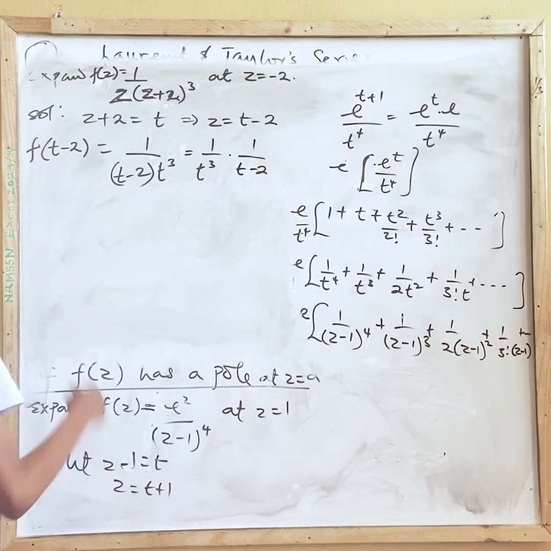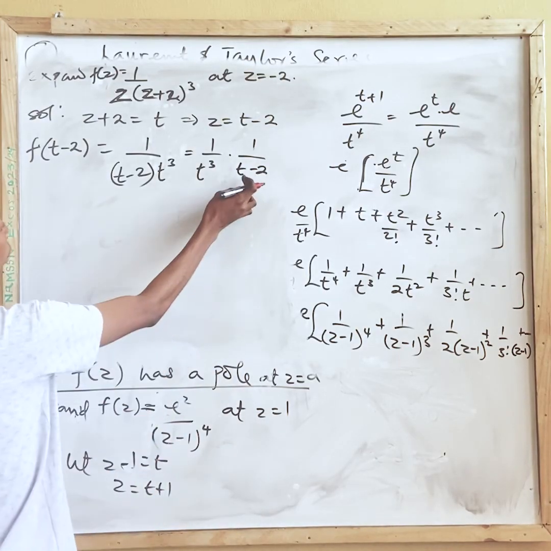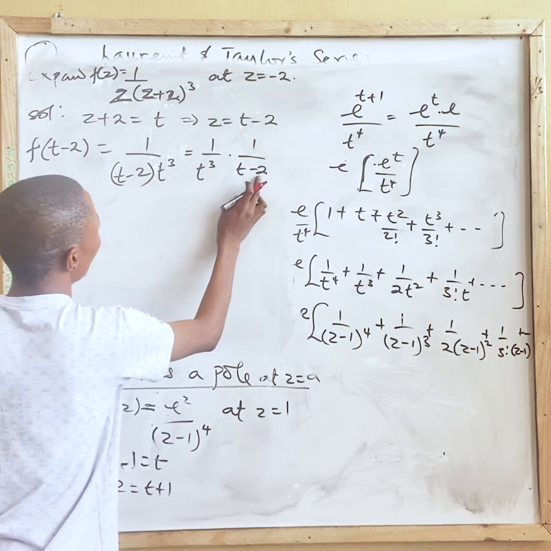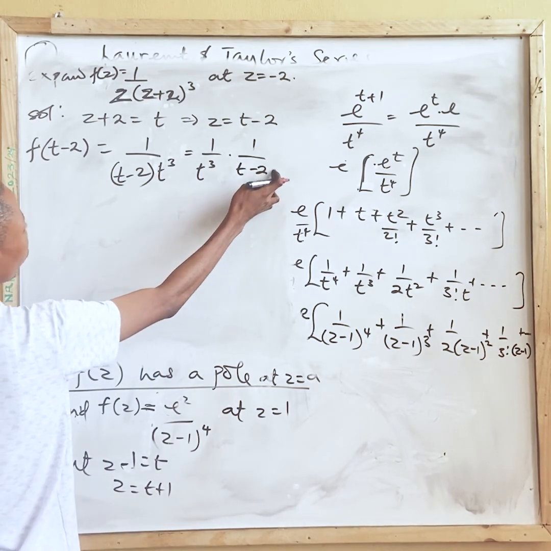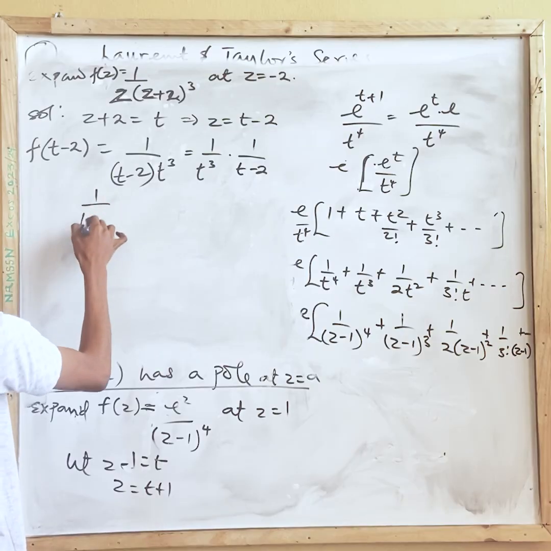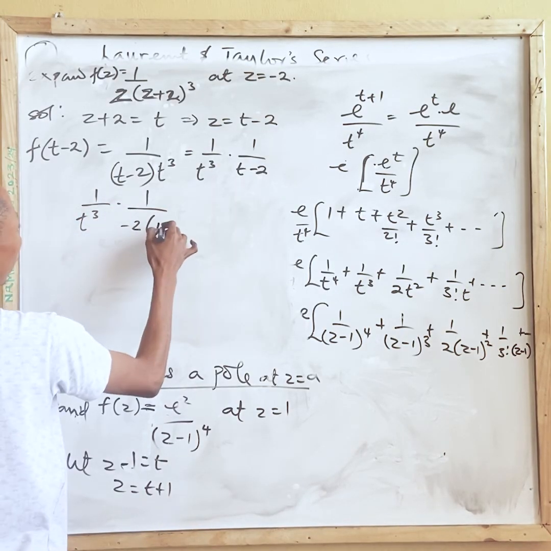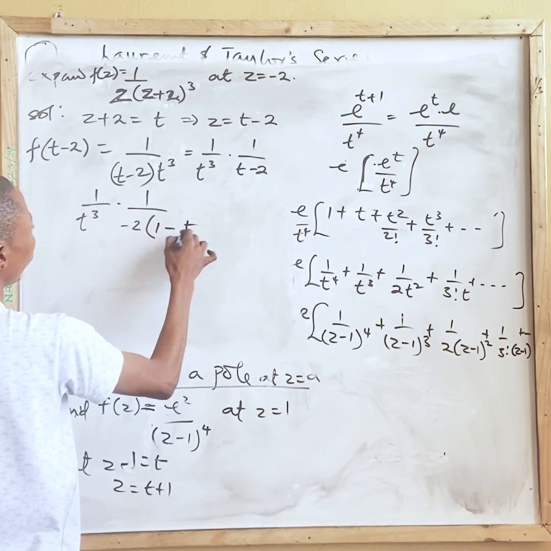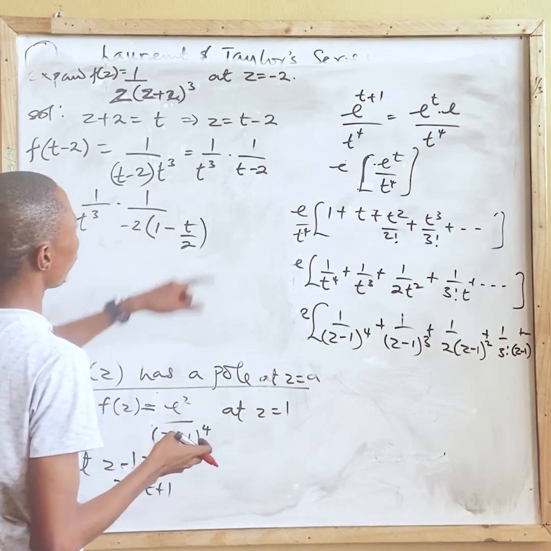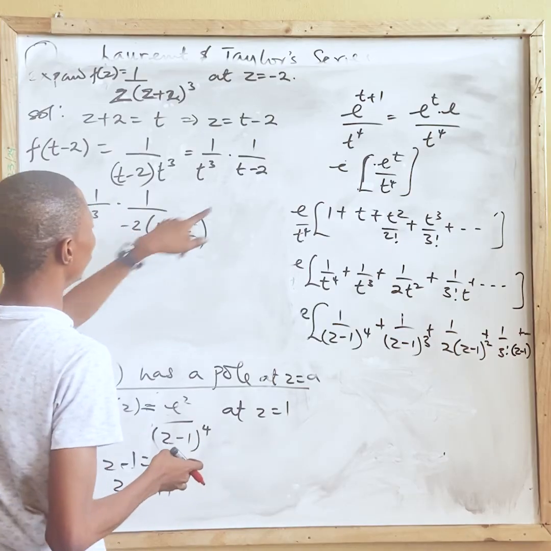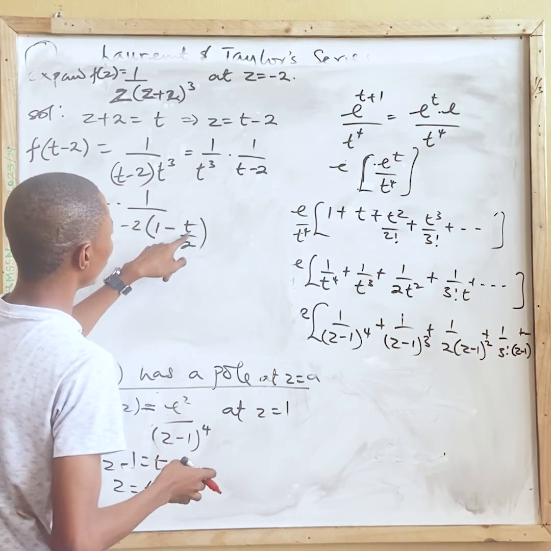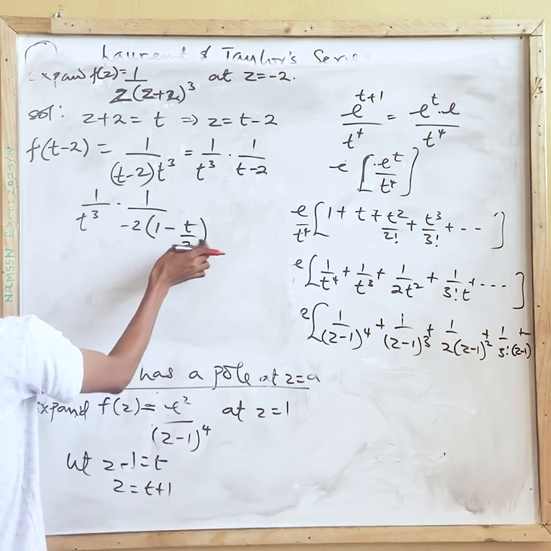So if I take minus 2 as my common factor here, I'm going to have 1 over t raised to 3 times 1 over minus 2 into (1 minus t over 2). If minus 2 is my common factor here, this will be 1 and this will be t over 2. Now I raise this one up.